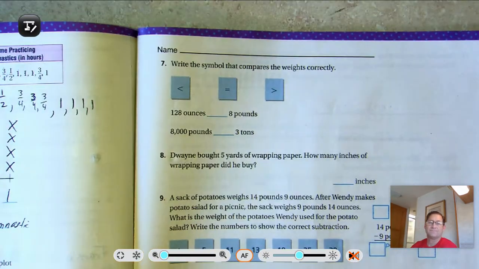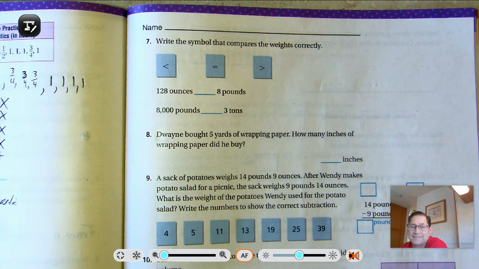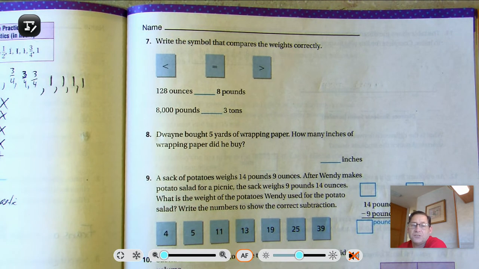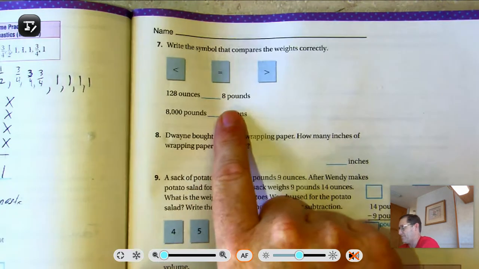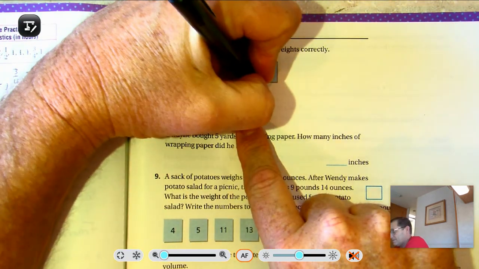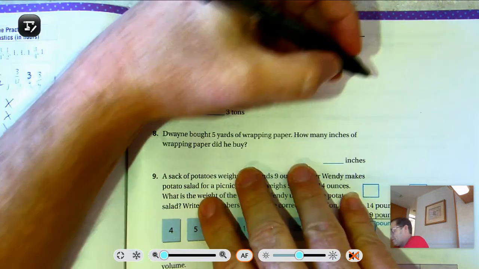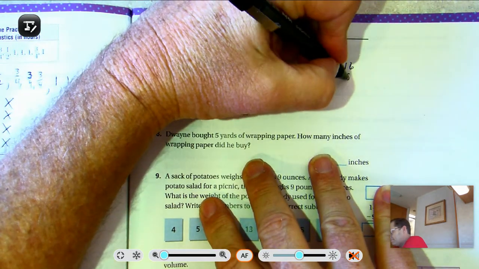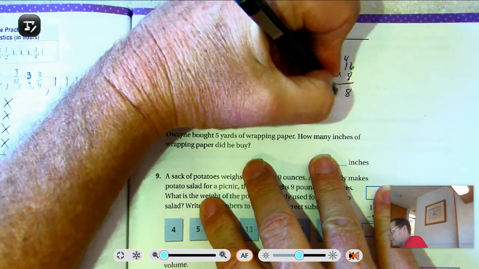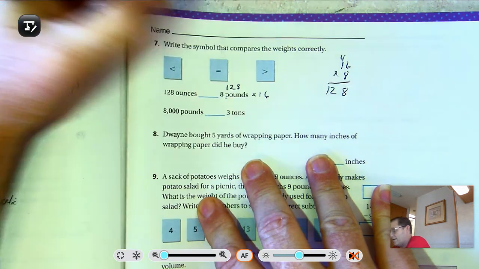Okay, number 7. Write the symbol that compares the weights correctly. 120 ounces compared to 8 pounds. Well, let's change 8 pounds to ounces. There are 16 ounces in a pound. So 8 pounds is 128 ounces.